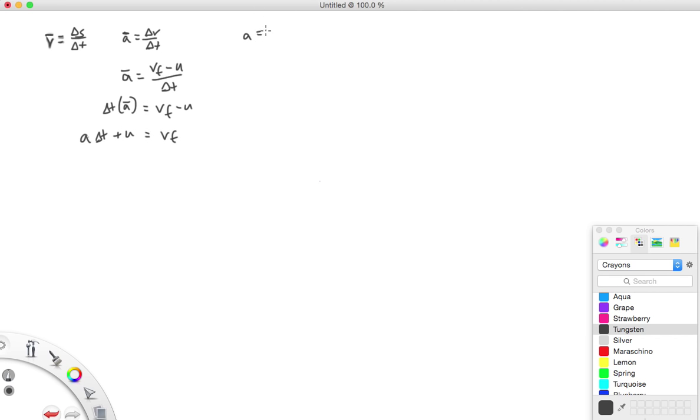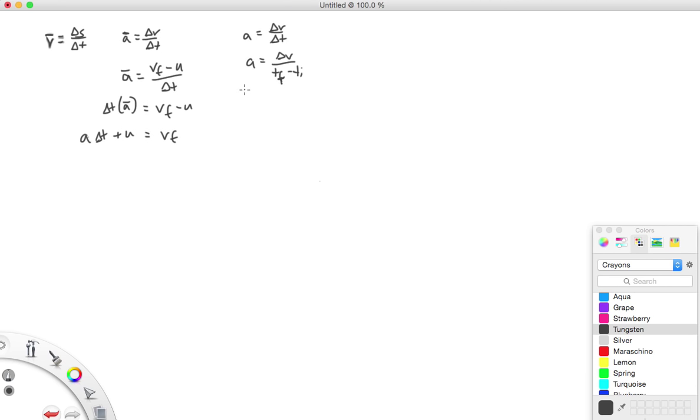So a equals delta V over delta T. I'm going to do the same thing over here, except now I'm going to expand the delta T part of this. So it's going to be delta V over the final time minus the initial time. Let's say that you want to find the final time. You could also solve for the initial time if you are given the final time.